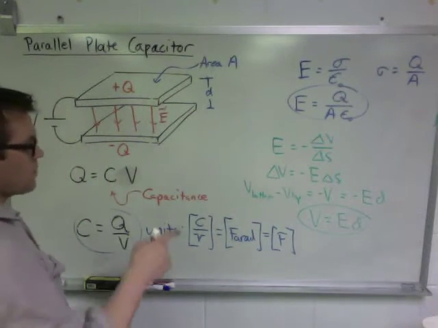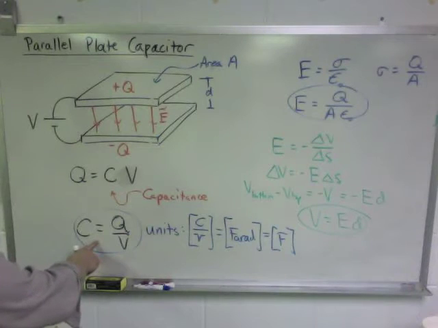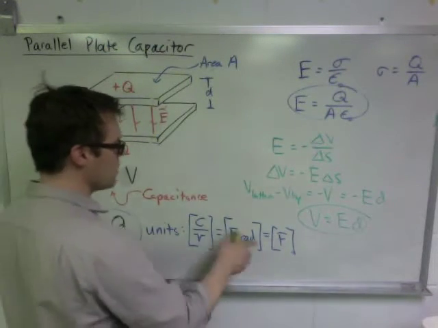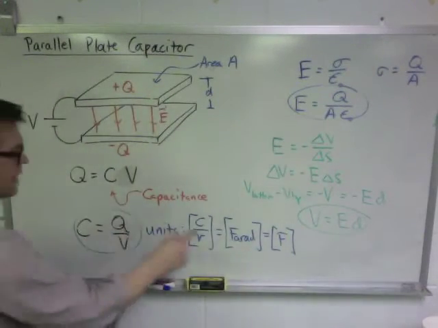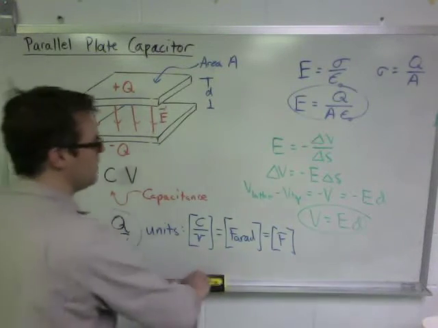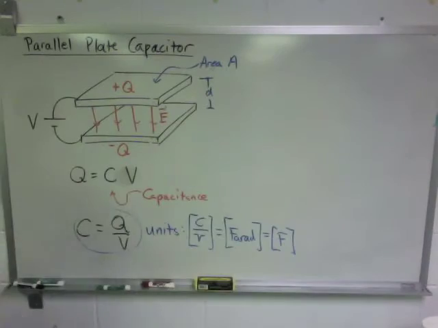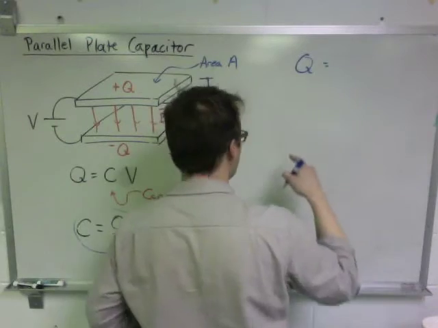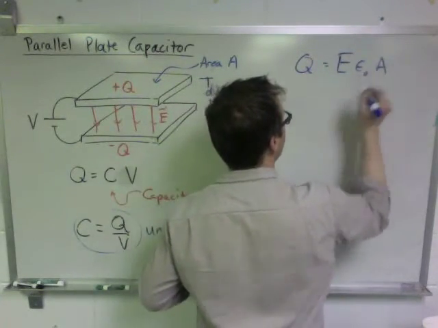Now, if I go back to this expression over here, I can actually get some more useful stuff. In particular, if I solve this equation for Q, plug it in there, and I plug this in for V, then I can actually get C in terms of these other things. And so let's try that. I can solve that first equation that I had circled over here for Q, E times epsilon 0 times A. That's just solving for that.